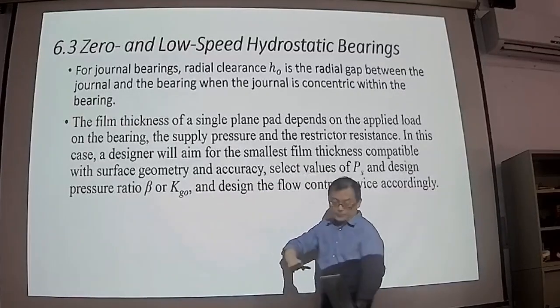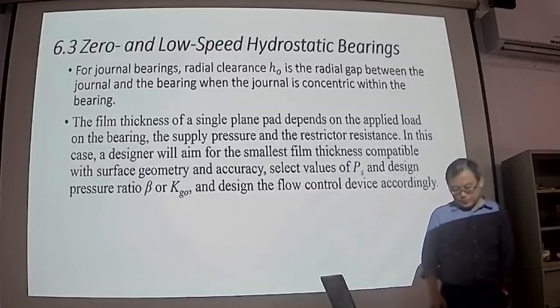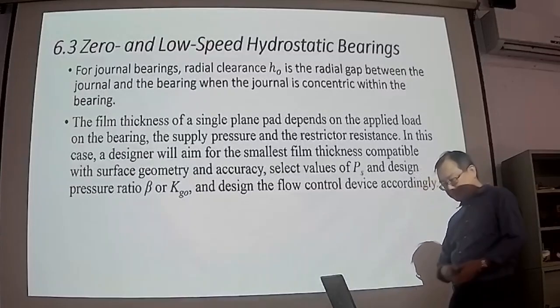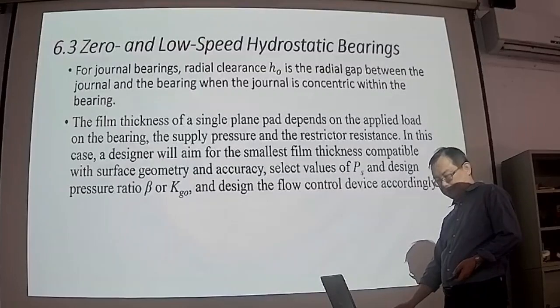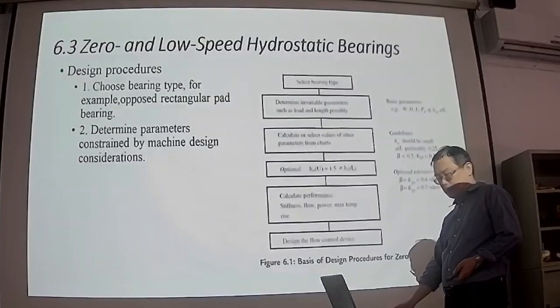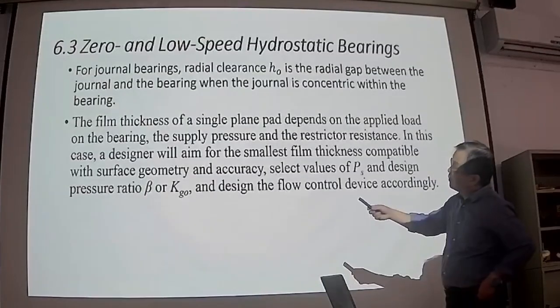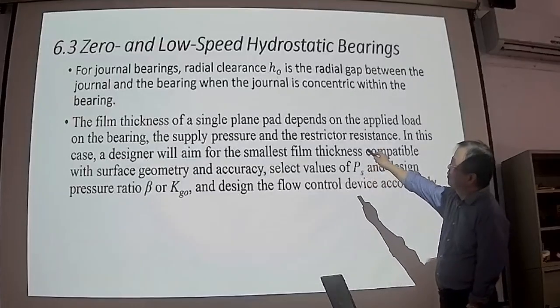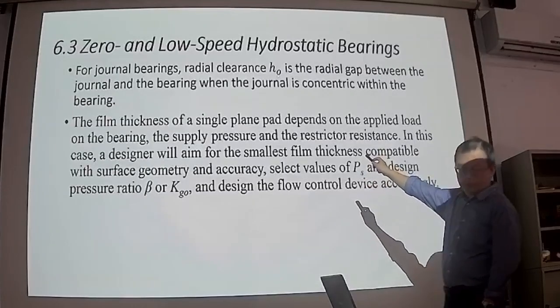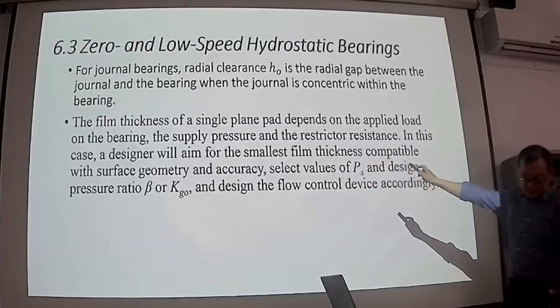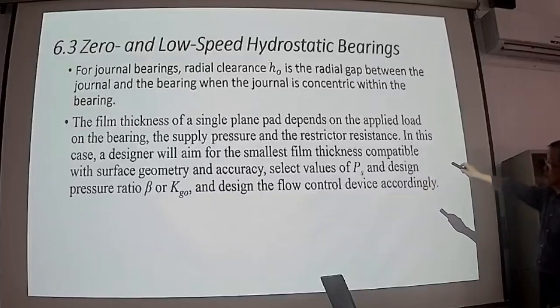So the design pressure ratio usually we use the symbol beta. And here we have H naught or H0. It's the design film thickness. Okay.